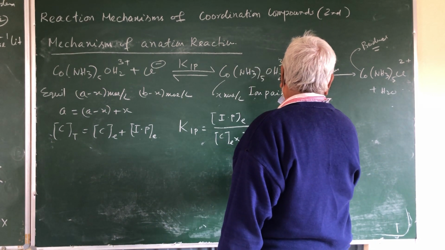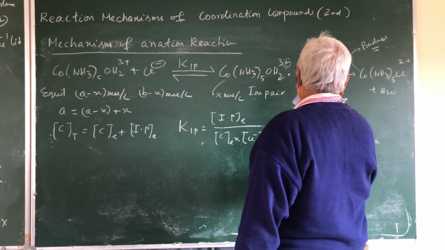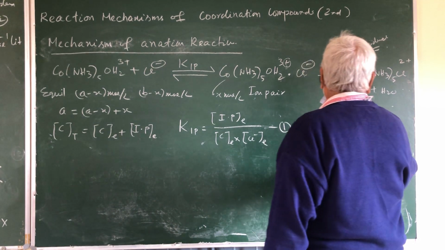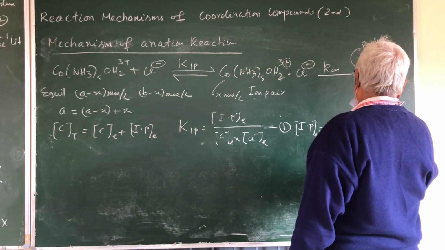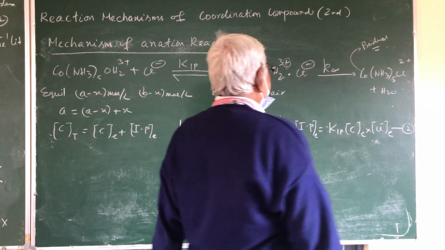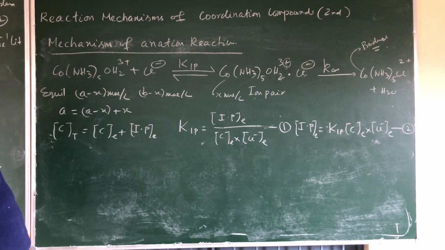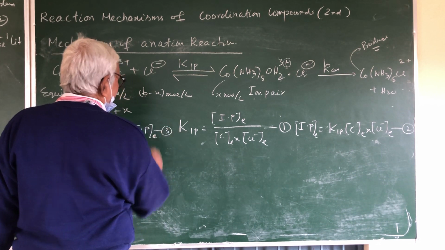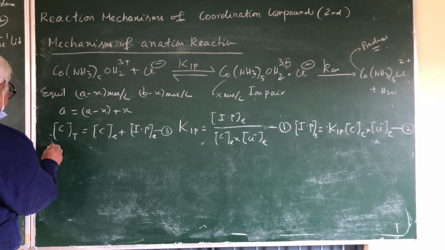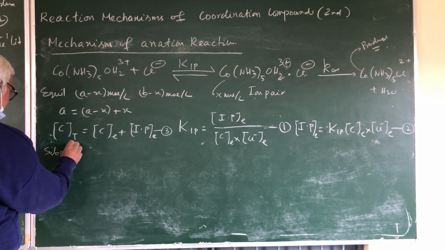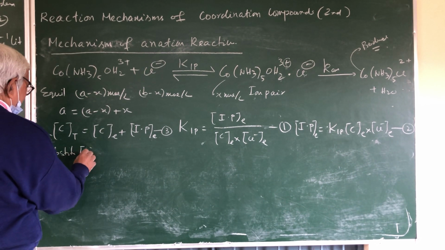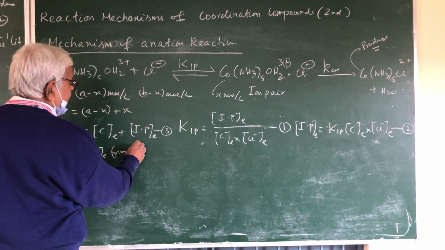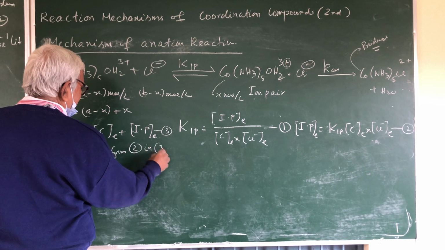So ion pair equilibrium will be equal to K IP into complex equilibrium into chloride equilibrium. This is equation 2. Substituting equation 2, this may be equation 3, in the expression for complex total, what do you get?